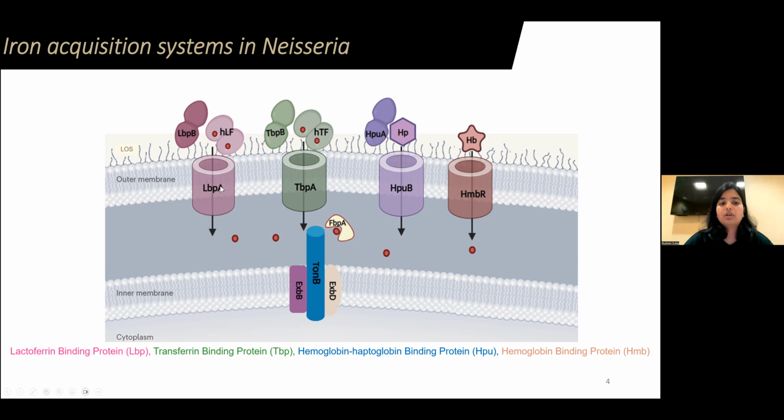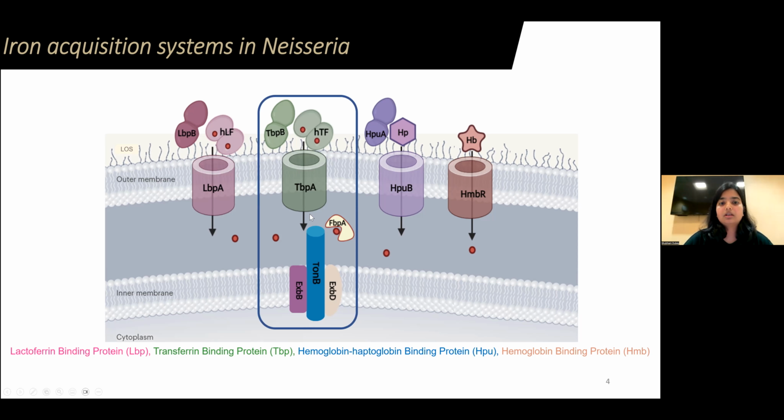If it is two component, there will be a beta barrel situated in the outer membrane and also a lipoprotein seated next to it. Together, these proteins interact with the human protein and perform the whole process of iron acquisition. If it is one component, just a beta barrel is required for the whole process.